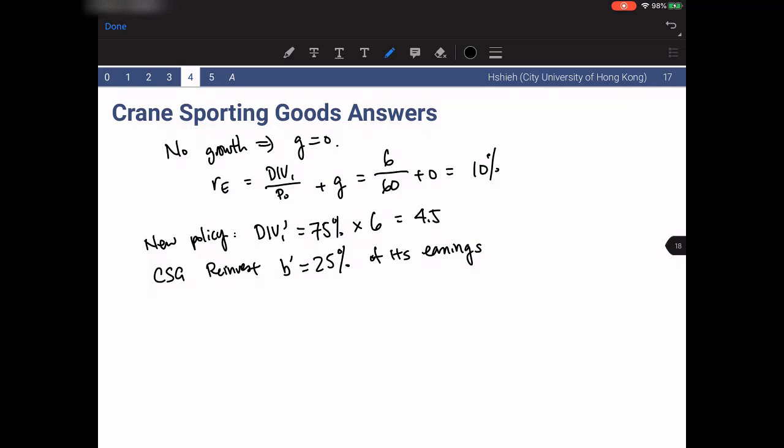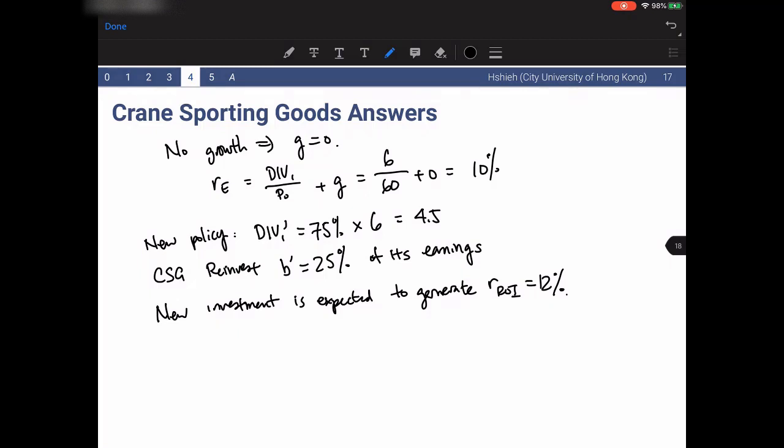So we're going to set aside those earnings, and CSG is going to make a new investment. And this new investment is expected to generate an ROI, or return on investment, of 12%. All right, so the overall growth rate should be quite clear.